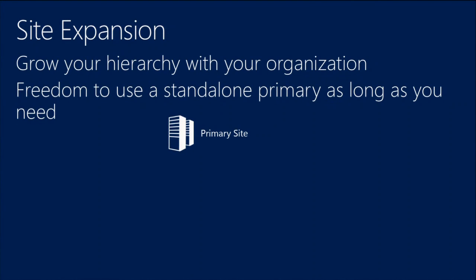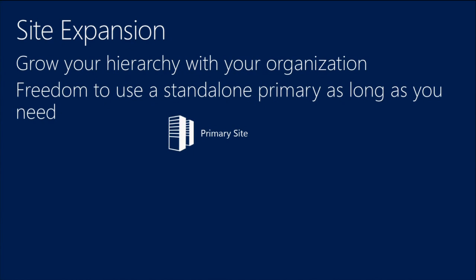So they had the ability of expanding to another primary site in the future. So they would do that even though they didn't need to. So again, more hardware, more server licenses, OS licenses, and so on. That's taxing on your infrastructure to do all that global replication, even if it's only between those two sites. So what we added in Service Pack 1 is the ability of having a standalone primary site.